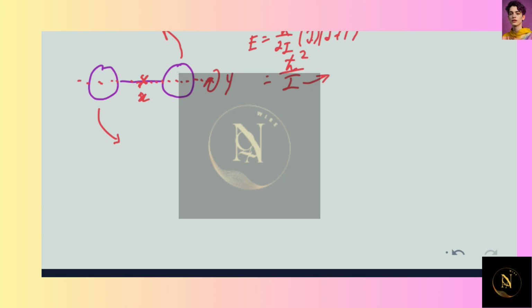Now for the first one, we're looking at y. For the moment of inertia around the y-axis, this is just spheres rotating about their center of mass, and we know that the moment of inertia for a sphere rotating about its center of mass is just 2/5 m r squared, where r is the radius of the sphere.